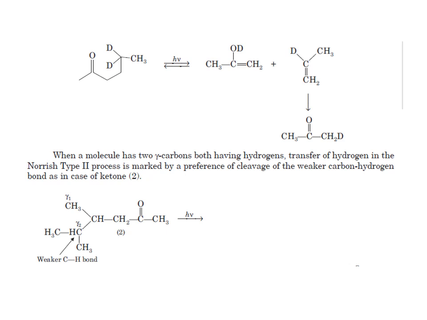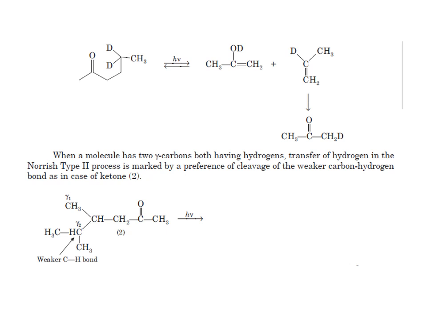So when a molecule has 2 gamma carbon atoms, both having hydrogen, transfer of the hydrogen in the Norrish type II process is marked by preference of cleavage of the weaker carbon-hydrogen bond, as shown in this case for ketone 2. Here we can see this is one of the gamma carbon atoms with CH3, and this is the other gamma carbon atom.